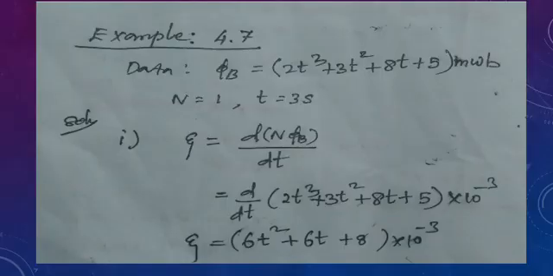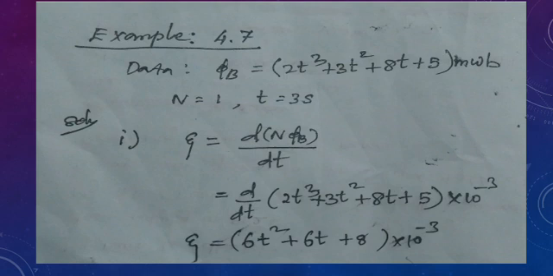See this example problem 4.7. Phi B is given as 2t cube plus 3t square plus 8t plus 5 milliweber, and N is equal to 1. The number of turns is 1 and the time is 3 seconds.